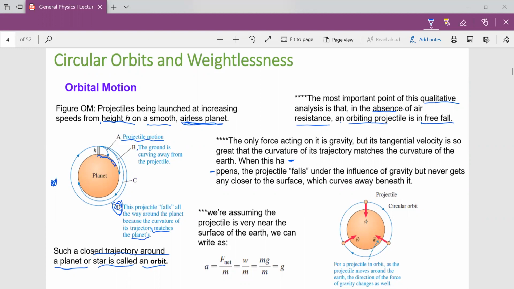The only force acting on that object is the gravitational pull, which will be seen later in Newton's law of gravity, the gravitational pull of the planet on that object. It is actually the gravitational pull that gave it the trajectory it took, which we now describe as the orbit. So it's always under the influence of gravity, but it never gets close to the Earth's surface.